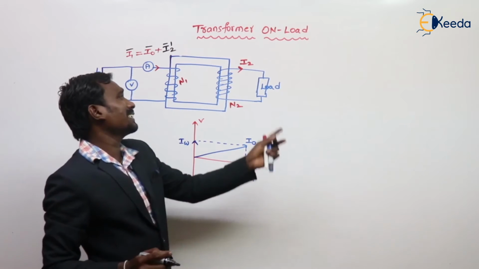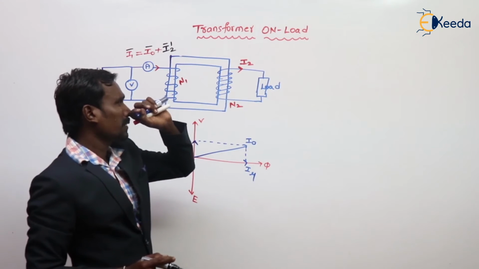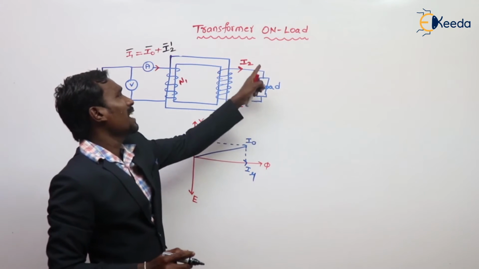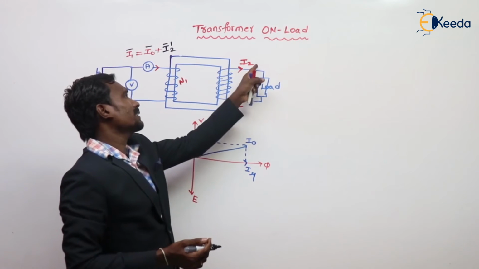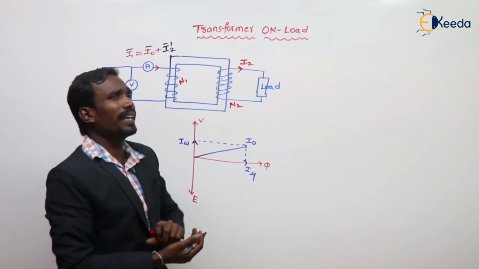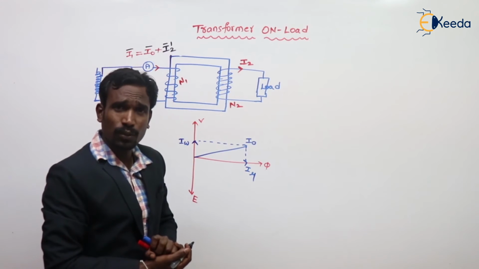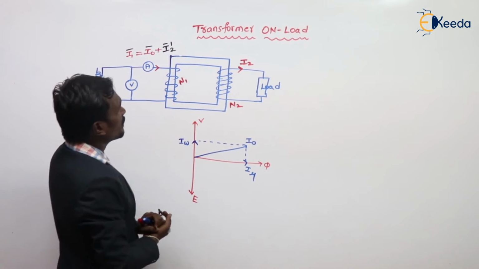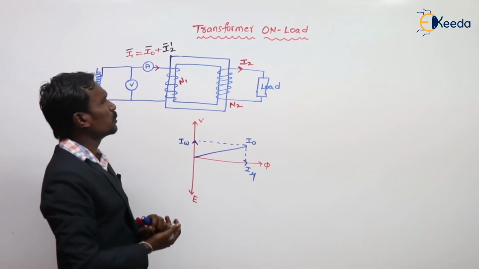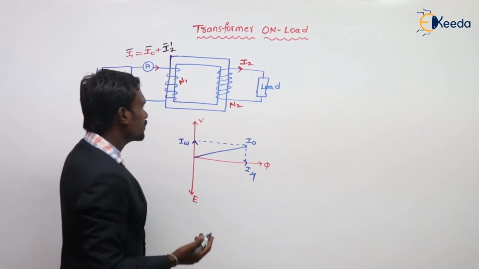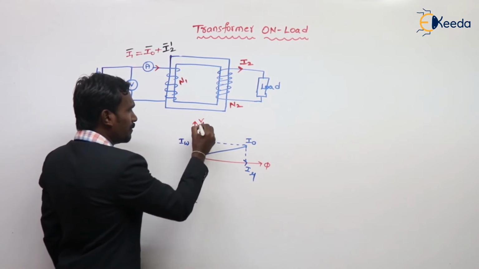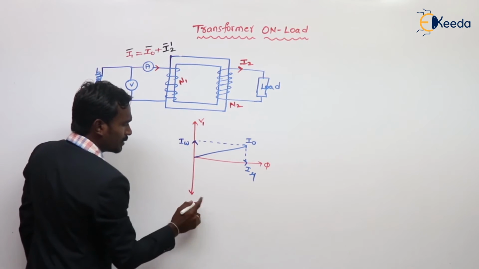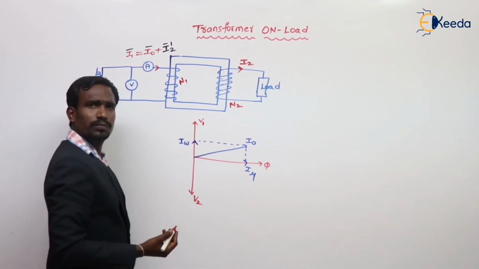But when the load is connected, the I2 current flows here. Yes or no? So, tell me, where is my I2? For example, this is V1 and this is V2.